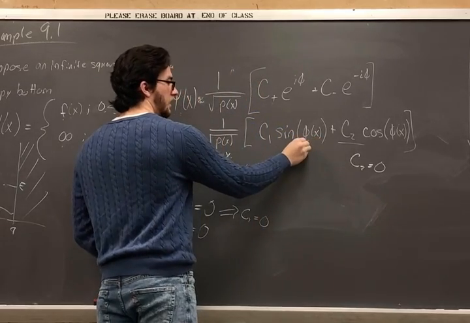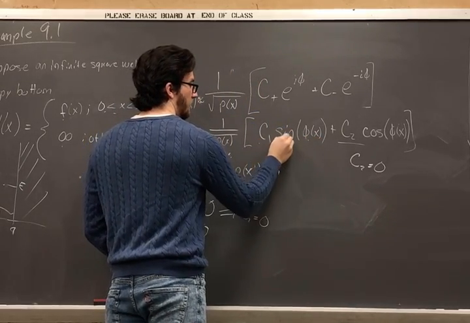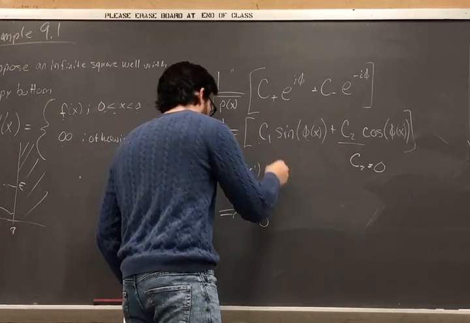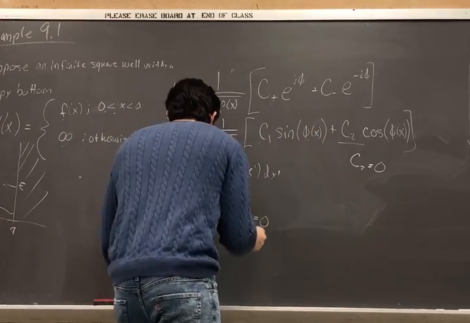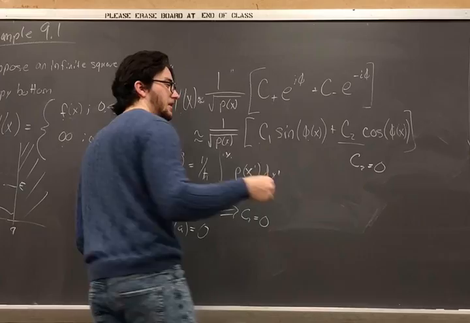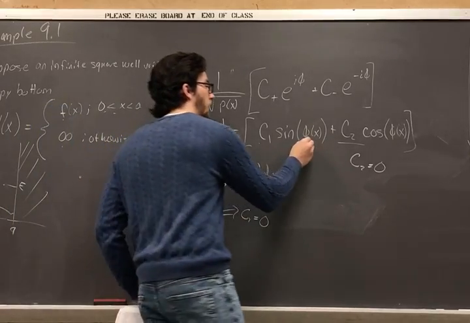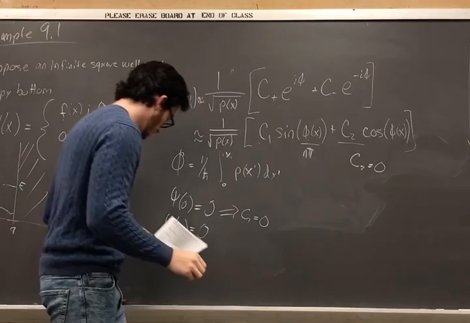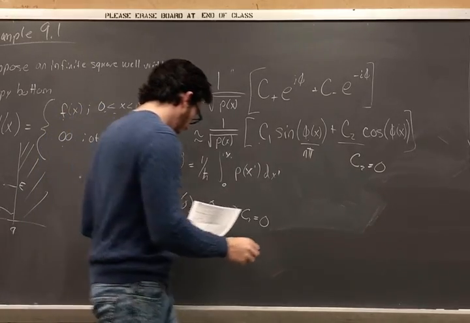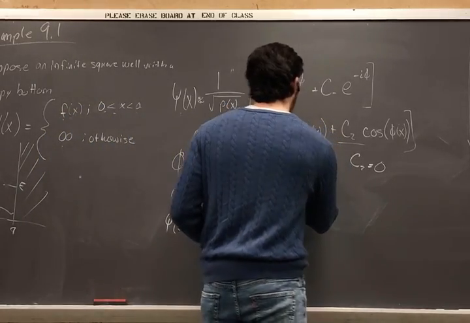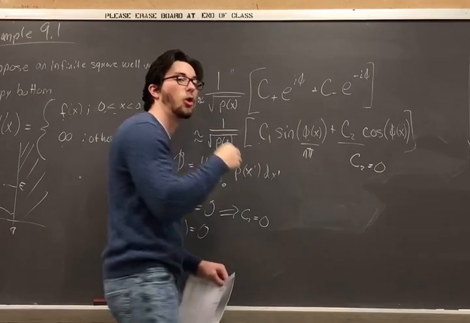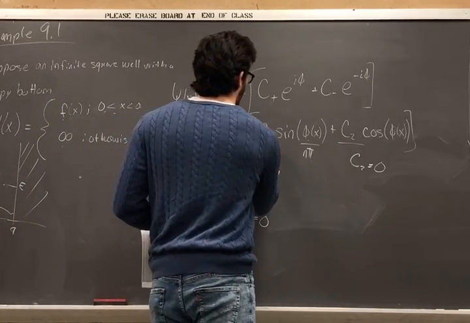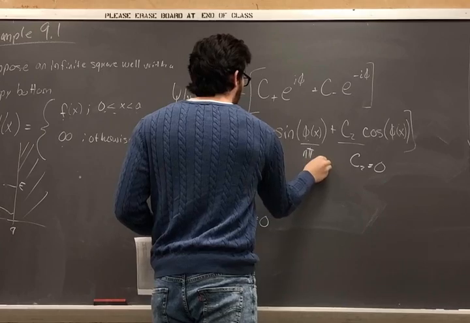Maybe if this can't be 0, sine of phi of x can be 0. So if sine of phi of x is 0 at x equals a, remember, what does that mean? That means that this inner part has to be n pi, right? So if phi is n pi, then this sine will always go to 0.